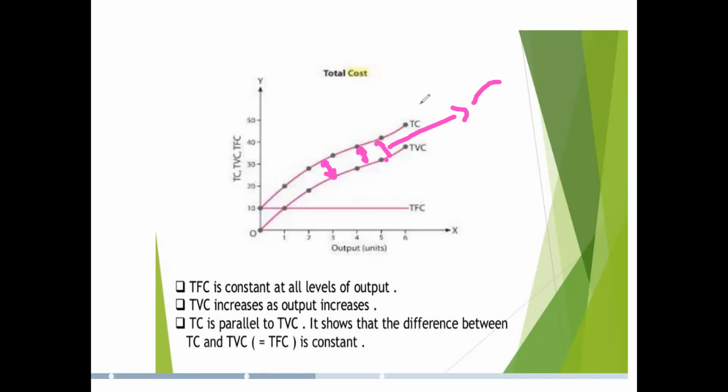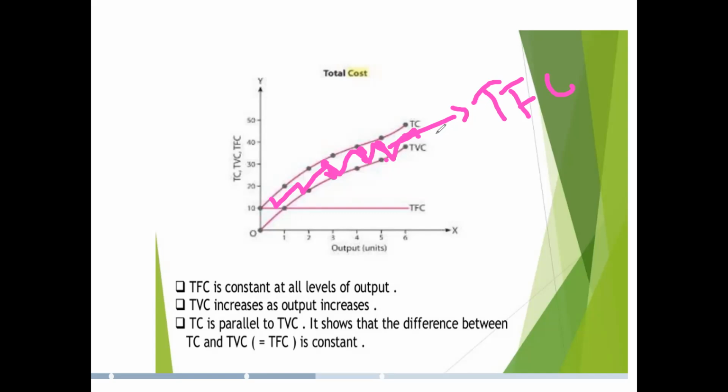The gap between TC and TVC is equal to TFC. This is the fixed cost, right? The fixed cost takes a constant value.